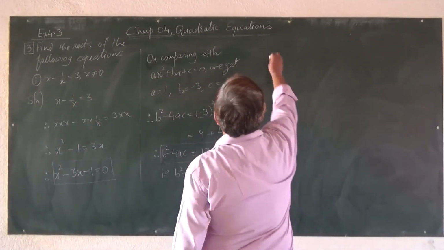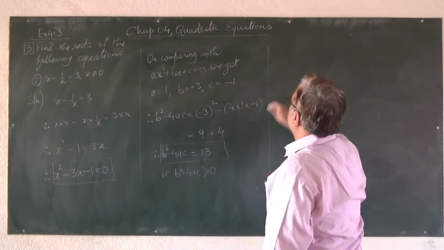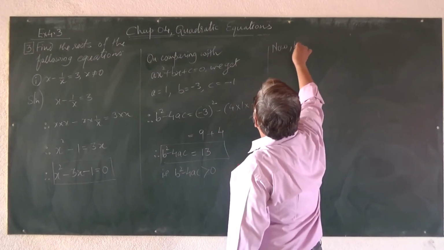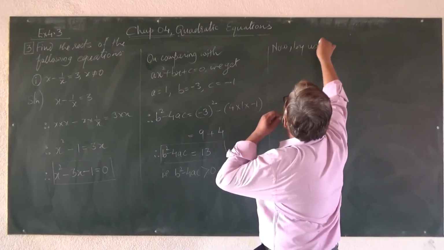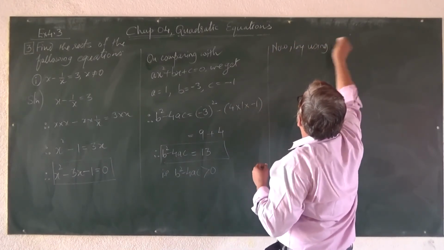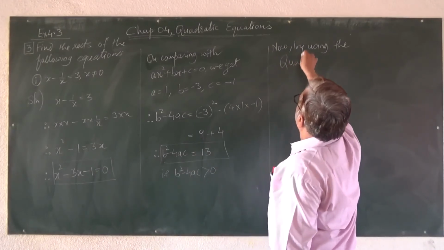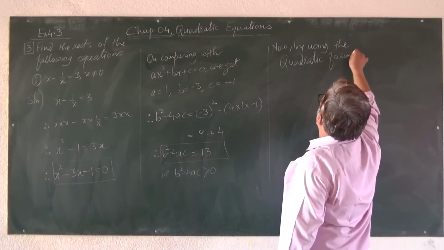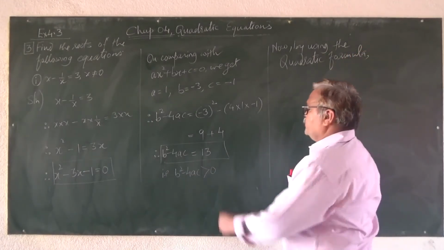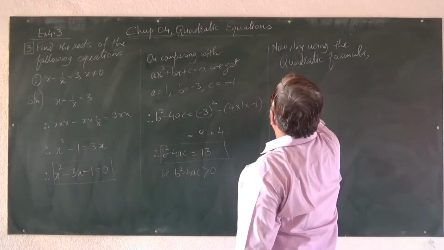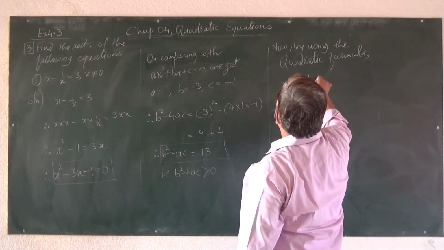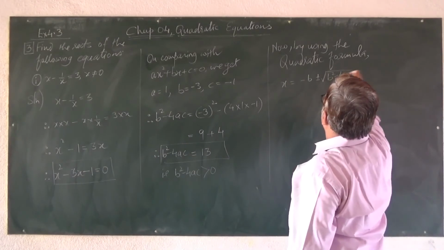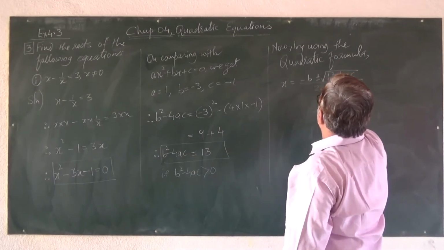Now by using the quadratic formula, x is equal to minus b plus or minus root of b square minus 4ac whole upon 2a.